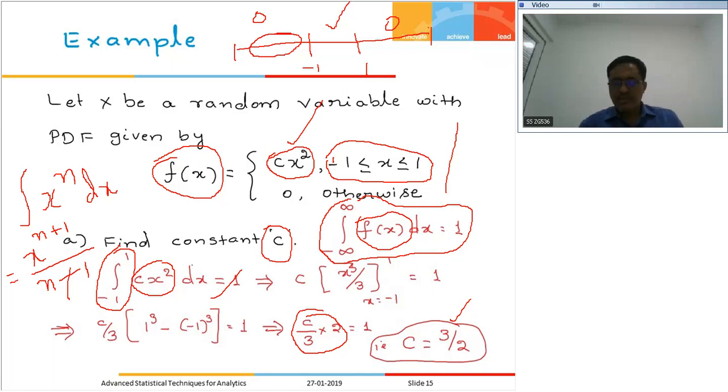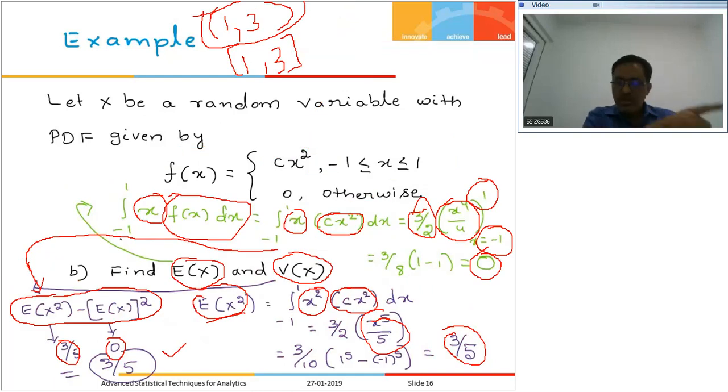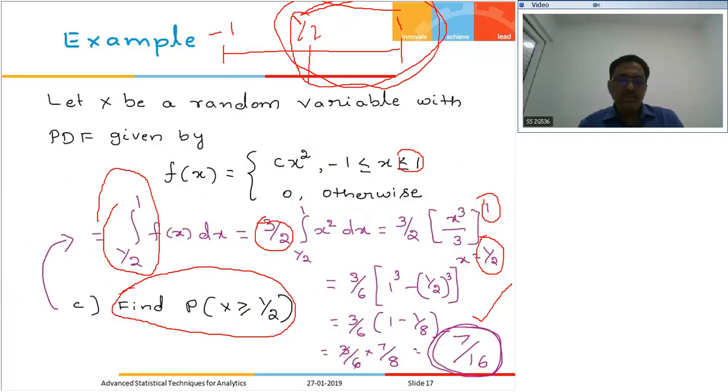How to get C: we use the validation property, integrating c x square between -1 and 1 and equating this to 1, because total probability is 1. So the C used here is from the A part, that is 3 by 2.